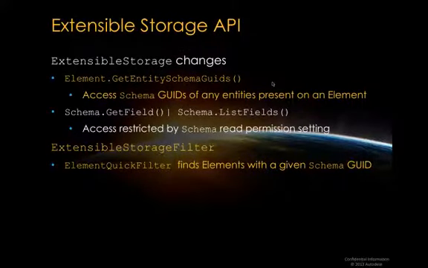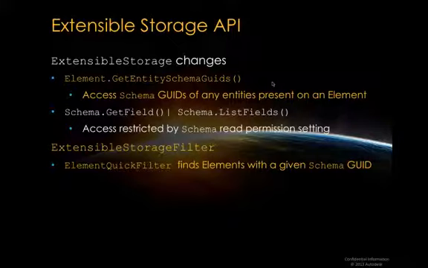Extensible storage was introduced recently and was a great success, very useful for applications to save their data within the Revit model. Additions have been made to access GUIDs of all the entities present on an element and to quickly find all elements with data belonging to a specific schema.